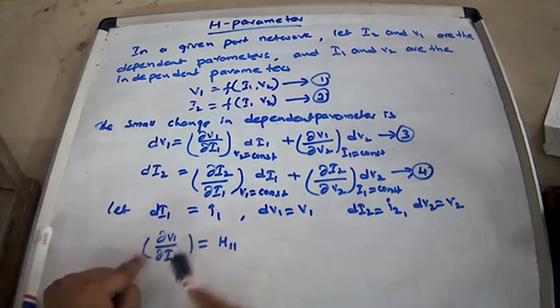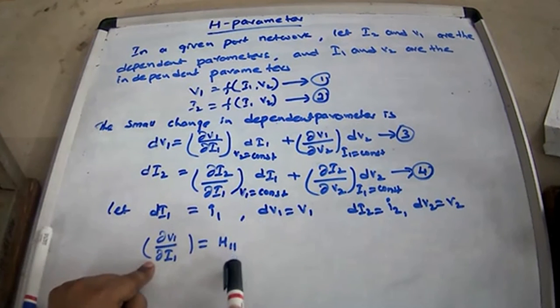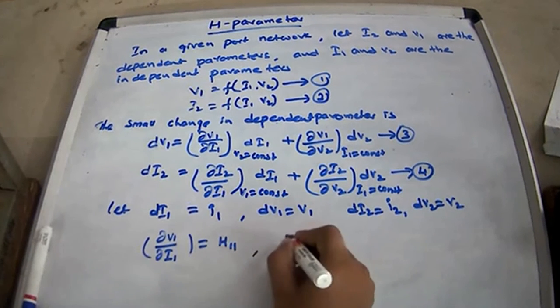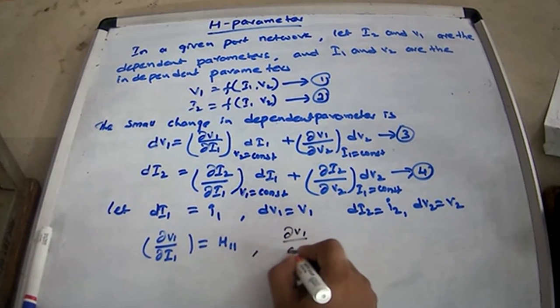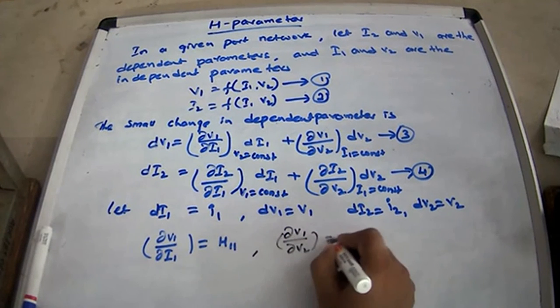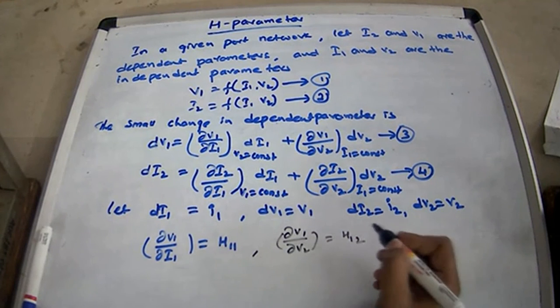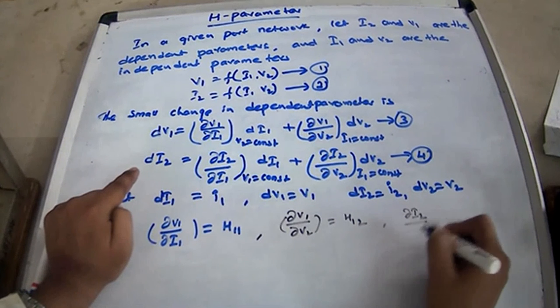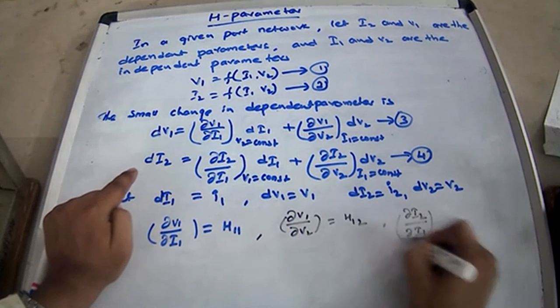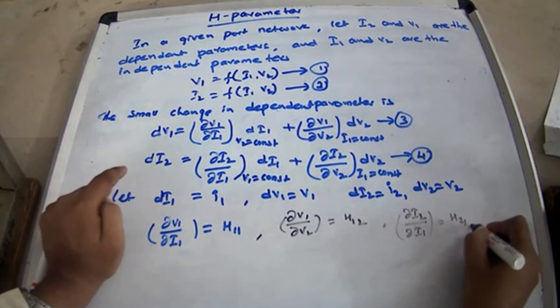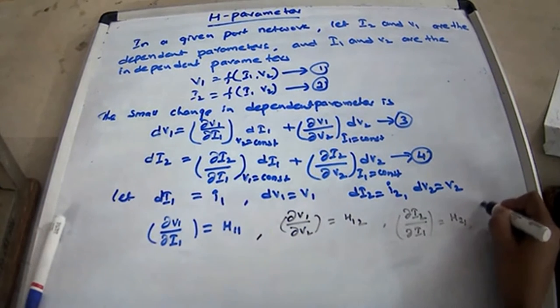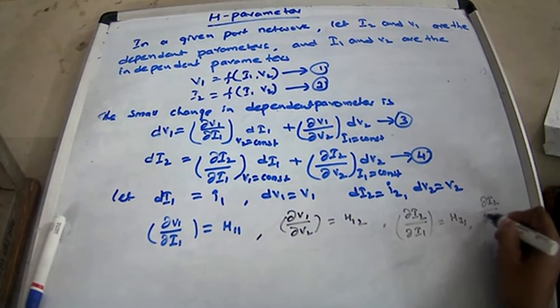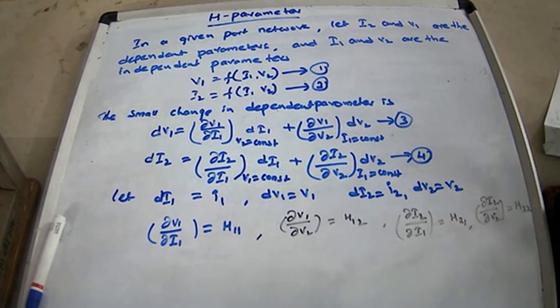So dou V1 by dou I1 is equal to h11. Then dou V1 by dou V2 is equal to h12. Then dou I2 by dou I1 is equal to h21. Then the last, dou I2 by dou V2 will be equal to h22. So we got these values.